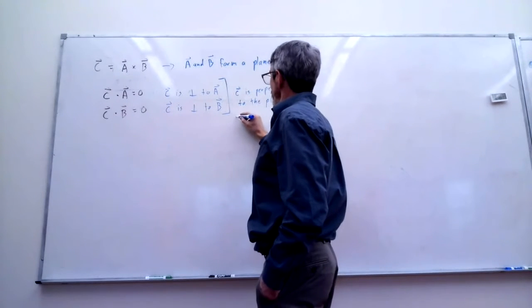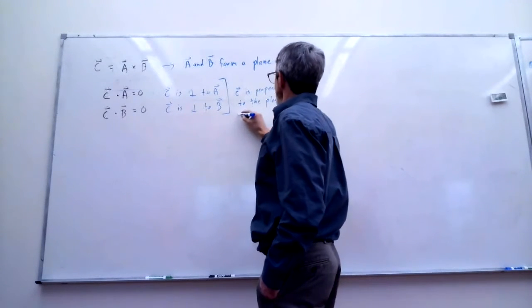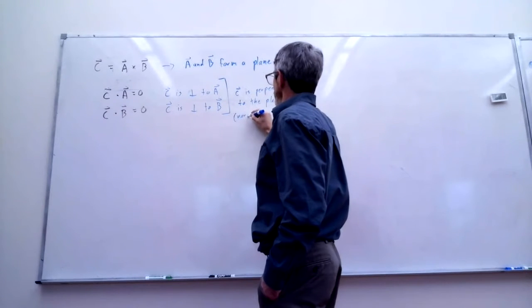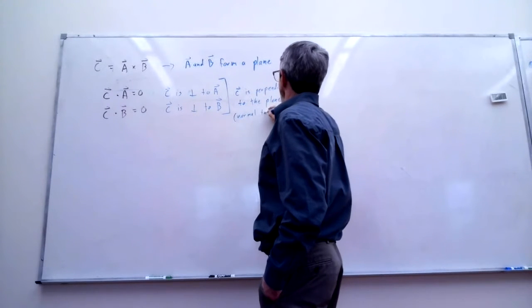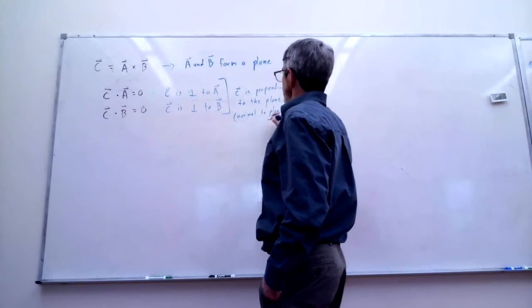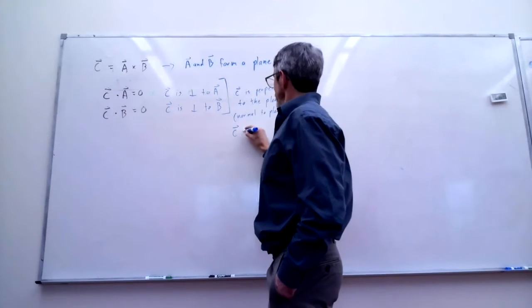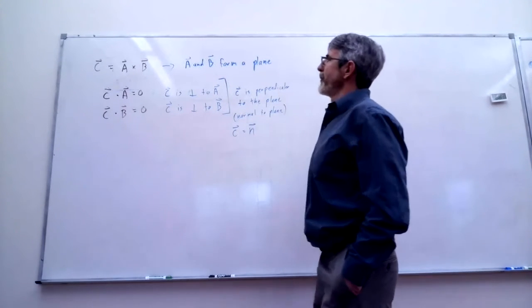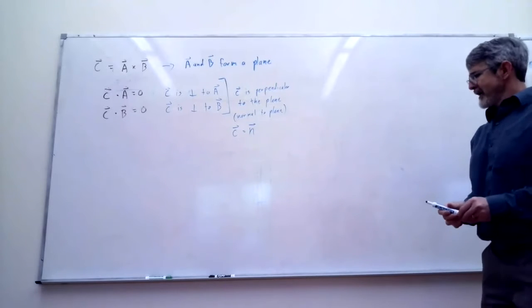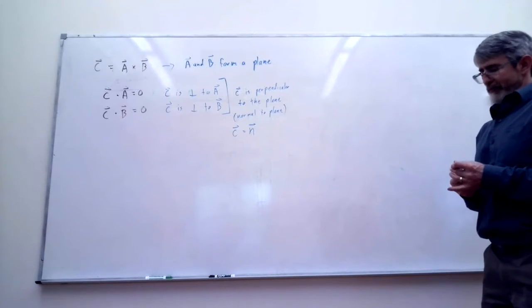So we're going to later on say that it is perpendicular, normal, to the plane. And in class tomorrow, we'll talk about this, meaning that C is the normal vector to the plane. Now let's talk about why that would be the case.